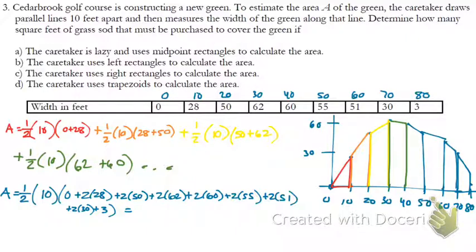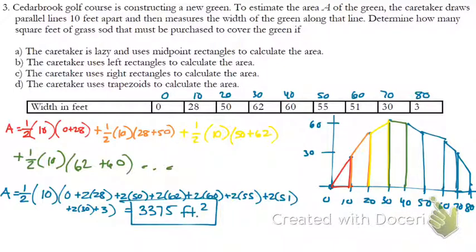If we multiply that by the 10 from the length of the base, we get 6,750. And if we divide that by 2 from the 1/2 for the area of the trapezoid, I get 3,375. What is this, feet? Oh yeah, feet squared. All right, and that is how you find the trapezoidal approximation.